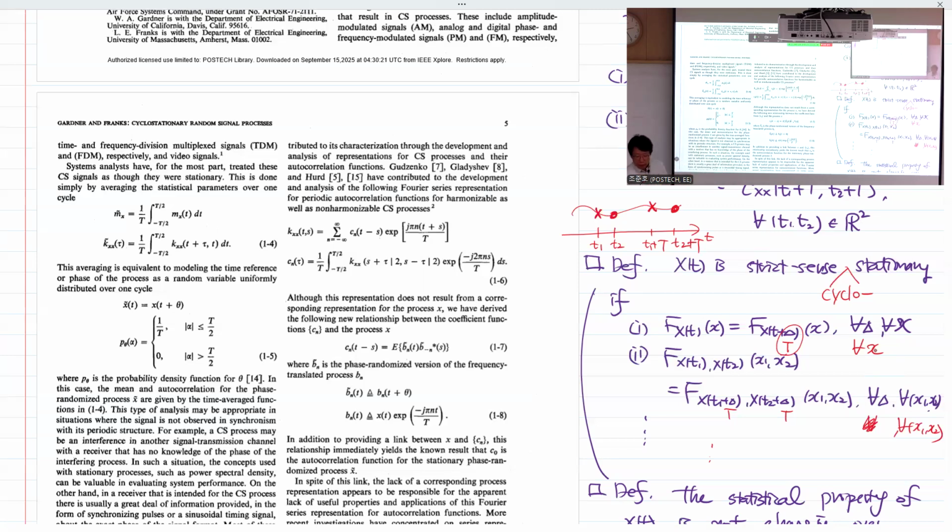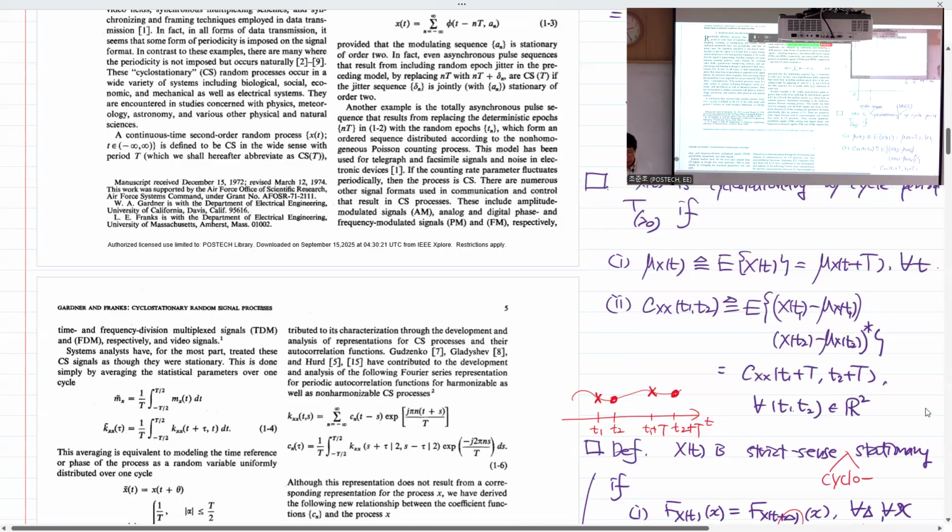And you can further define the third, fourth, fifth, any nth order joint CDF and its invariance under translation of the origin by an integer multiple of T. So very good point. Got it?